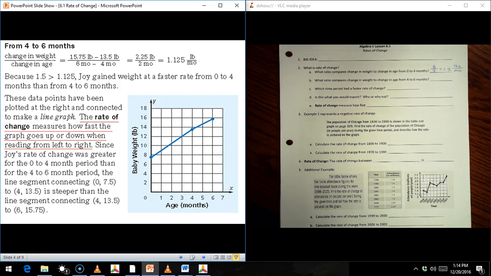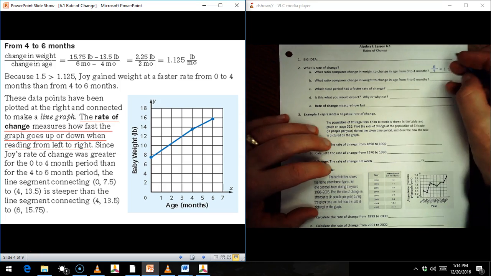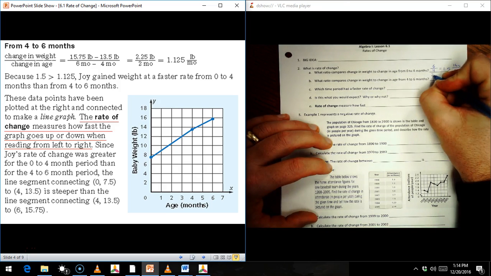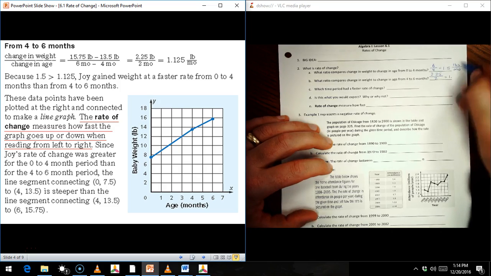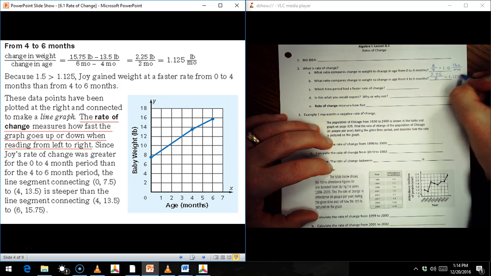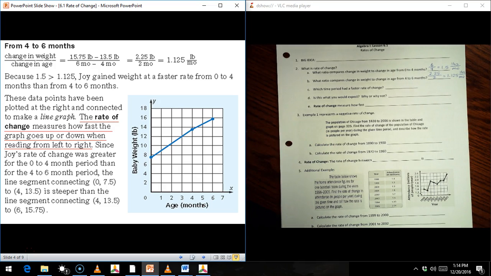So we have 15.75 minus 13.5, and that gives us a change of 2.25. And in this case, only 2 months went by, and so we have 1.125, and then I'm going to also write pounds per month. So again, we don't want to leave it as 2.25 divided by 2. We want to leave it as 1.125 pounds per month.